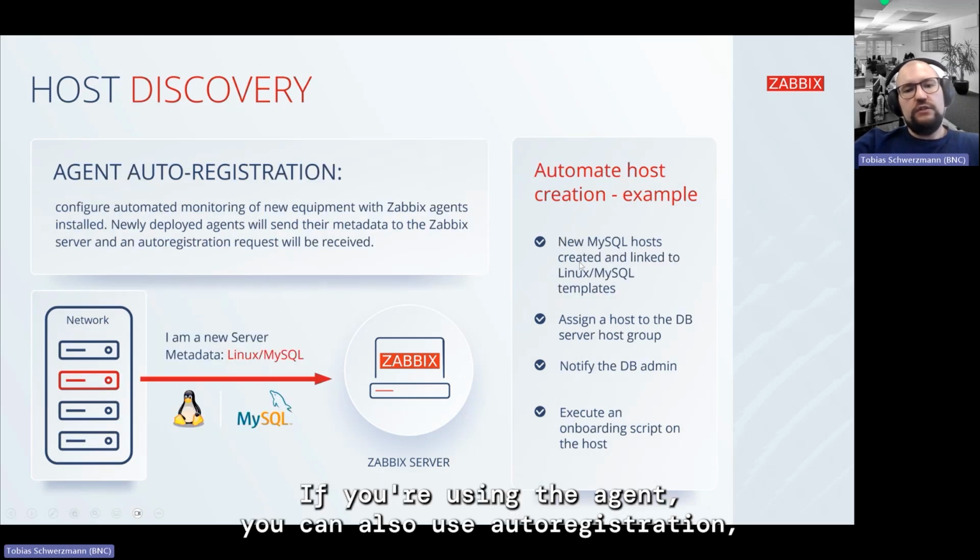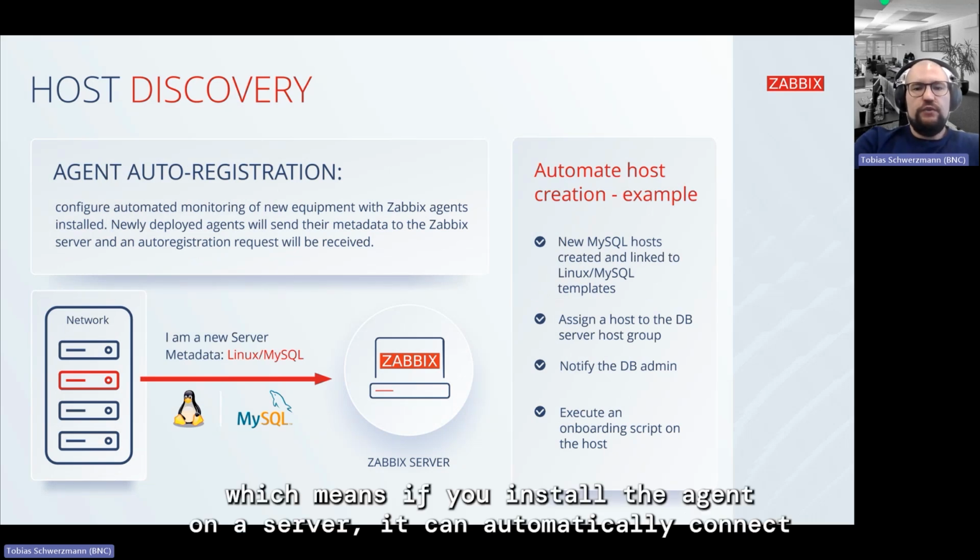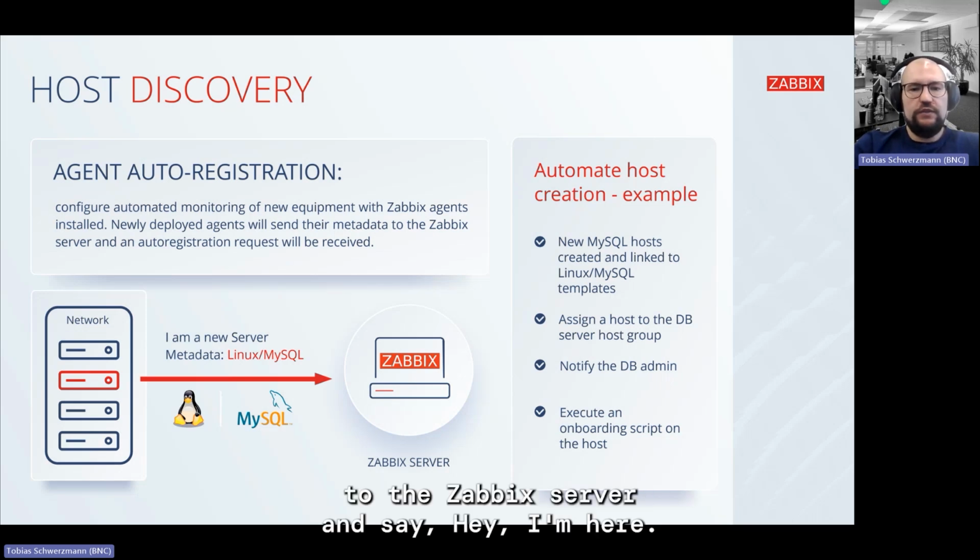If you're using the agent, you can also use auto registration, which means if you install the agent on a server, it can automatically connect to the Zabbix server and say, hey, I'm here, I want to be monitored.